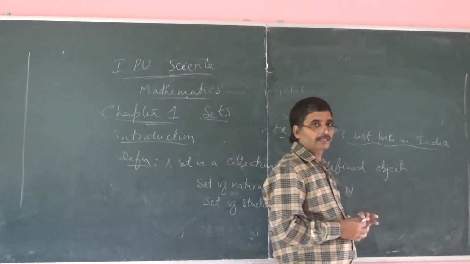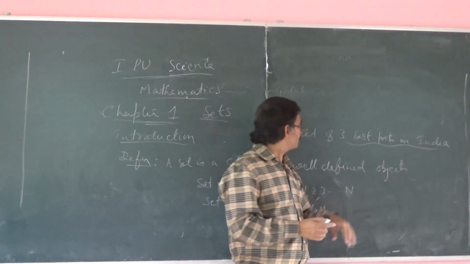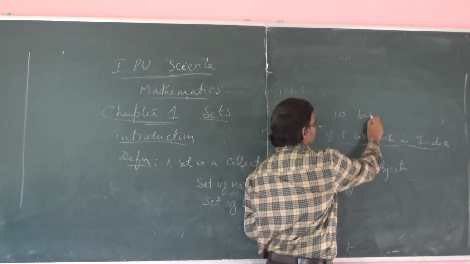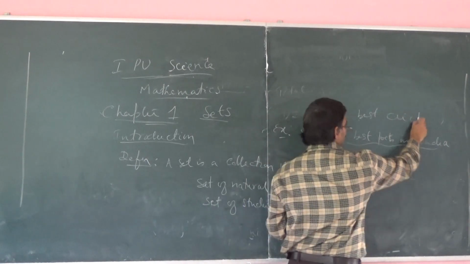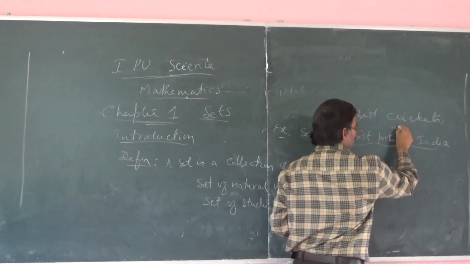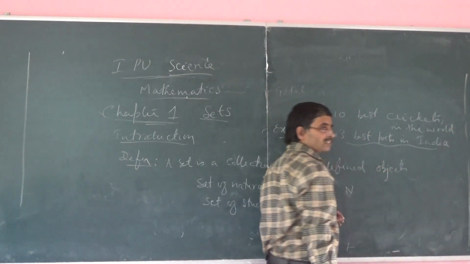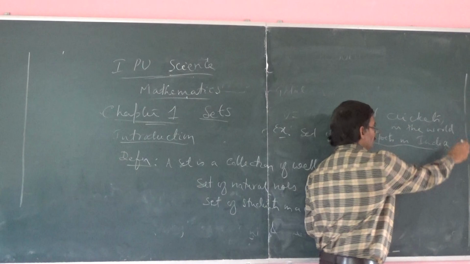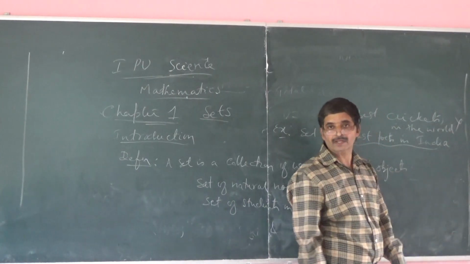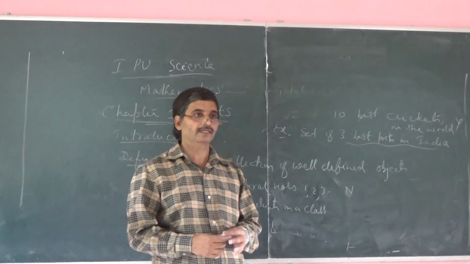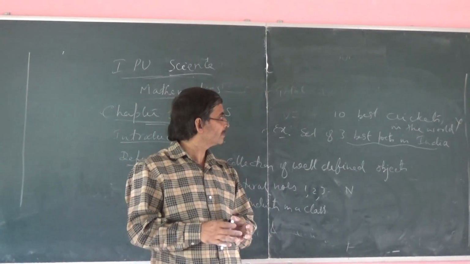Similarly, if I say the 10 best cricketers in the world, is it a set? It is not a set. Why not? One can say one thing, another person can say another set of 10 people.